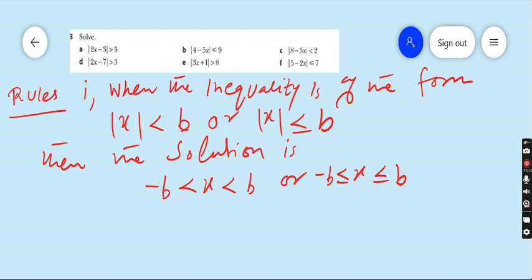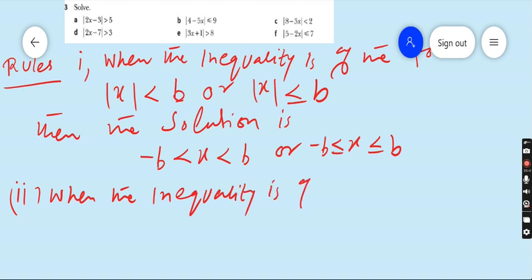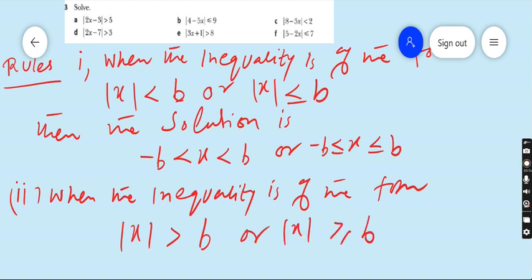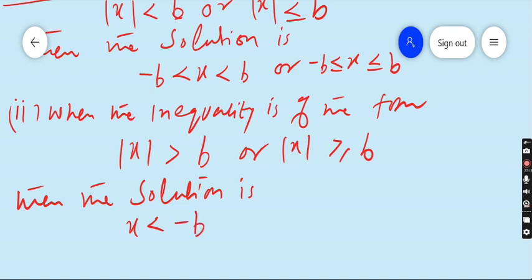Next rule. The next rule is when the inequality is of the form absolute value of x is greater than b or greater than or equal to b, then the solution is x less than minus b or x greater than b, and x is less than or equal to minus b if we have the equal to sign, then x is greater than or equal to b.